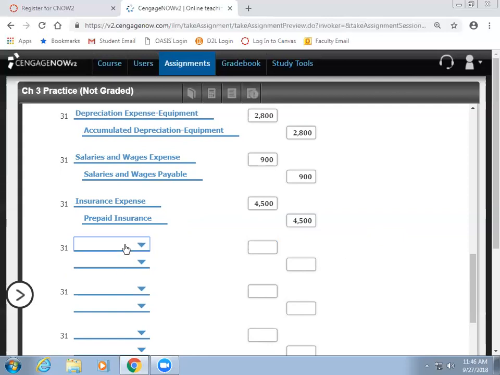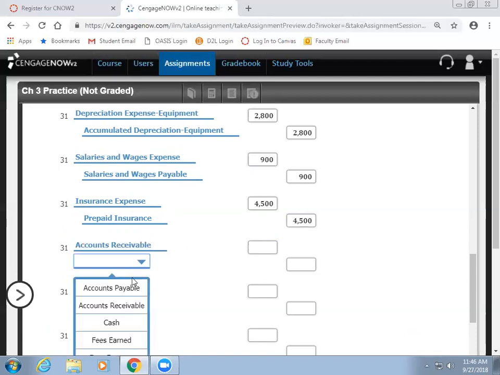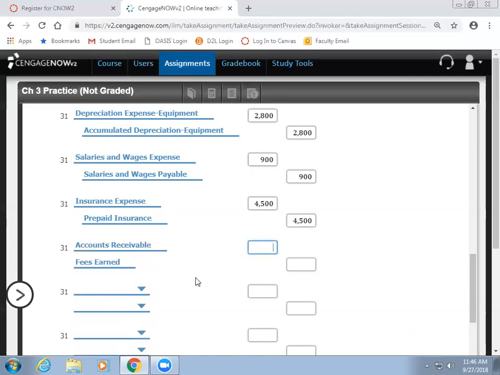Perfect, I'm going to debit accounts receivable and credit fees earned. So those are accrued revenues. It's revenues I've earned but just haven't billed yet. So I'm going to show that $10,200 as earned revenue. And I'm going to debit accounts receivable because I haven't been paid for it yet. Okay, so that's an accrued revenue.